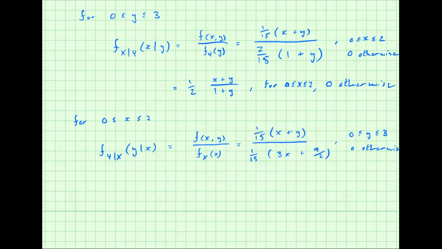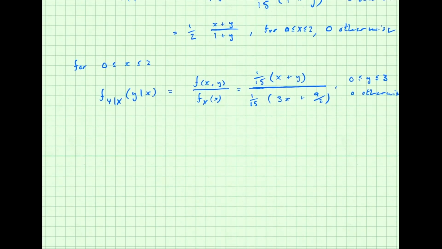Okay. We can make the little fraction line bigger. And then we can tidy this up. So the 15ths go away. And we just get the ratio x plus y over 3x plus 9/2. And that's it. But then there's this condition for y in between 0 and 3 and 0 otherwise.